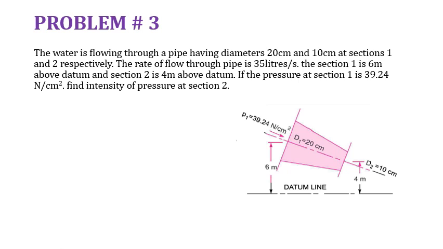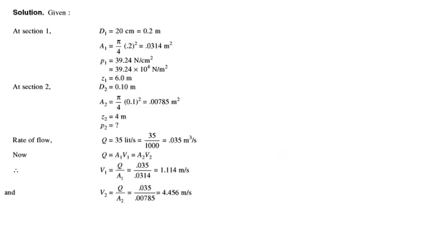So from the provided data, you can draw this figure. While solving the numerical, the first step should be to write the given data and determine the values in the correct system of units, and calculate any other value like area from the known diameters. For this problem, we have two sections, so we are going to divide the data respectively.